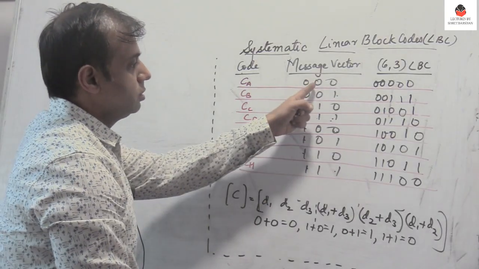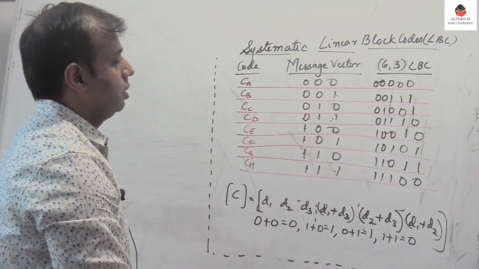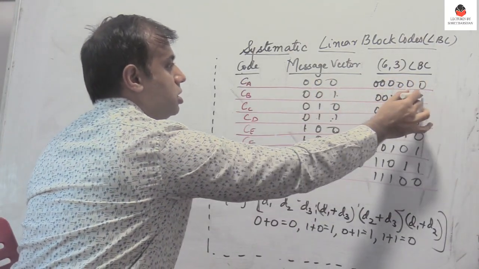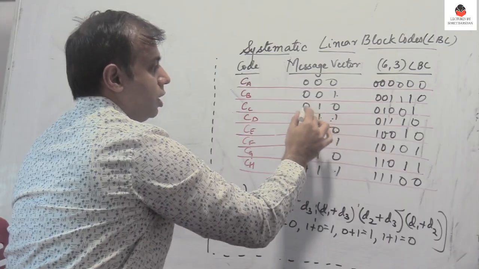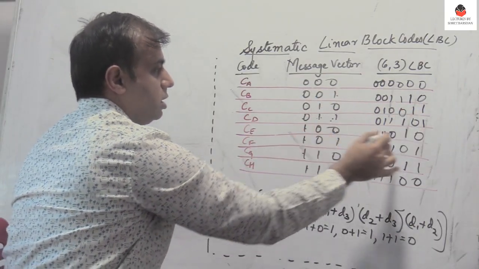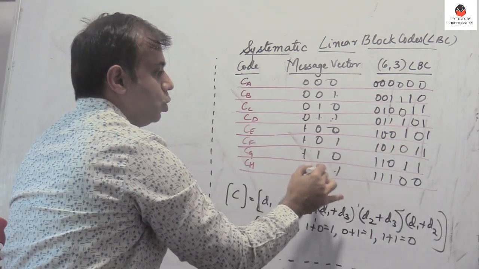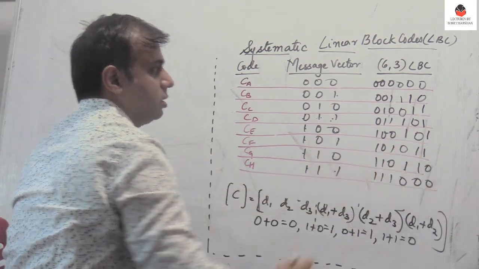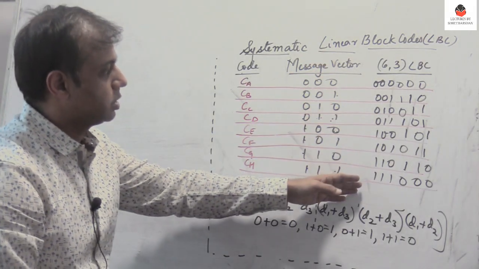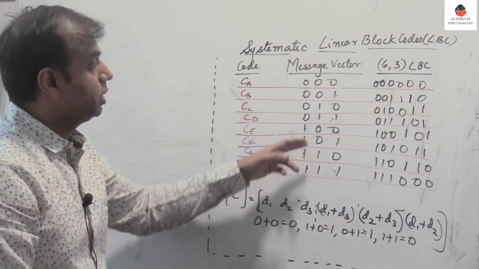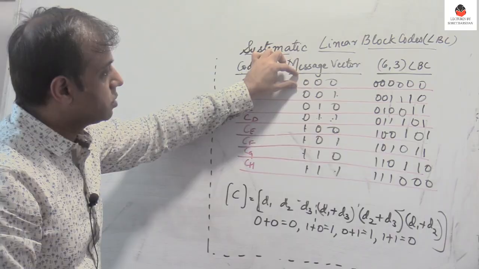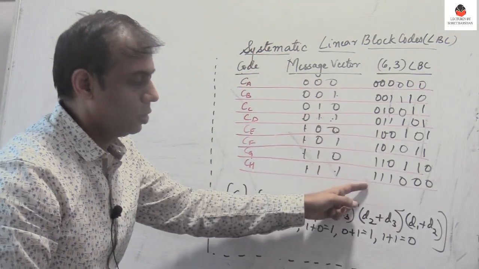Next, D1 and D2: D1 modulo 2 addition D2, two zeros is 0, two zeros is 0. For these two you have a single 1, so it is 1. Again here you have a single 1, so it is 1. Two ones here, the resultant is 0. Right? So we have generated all the 8 code words. For the message vector 000 to 111, these are the code words.